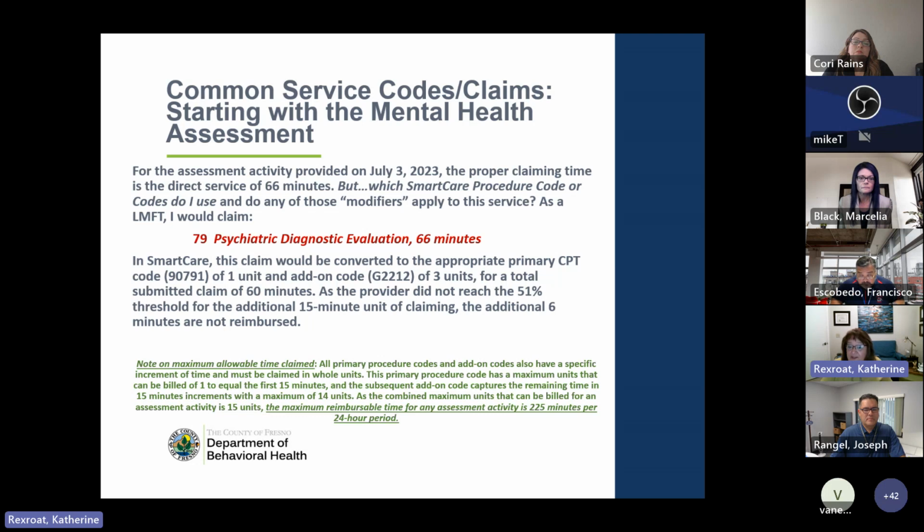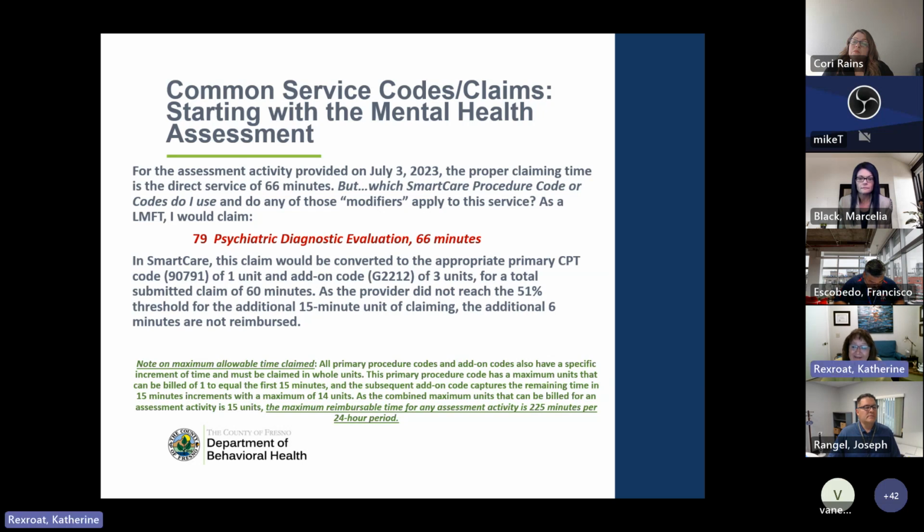This primary procedure code has a maximum units that can be billed of 1 to equal the first 15 minutes, and a subsequent add-on code captures the remaining time in 15-minute increments with a maximum of 14 units. It's a lot of math.